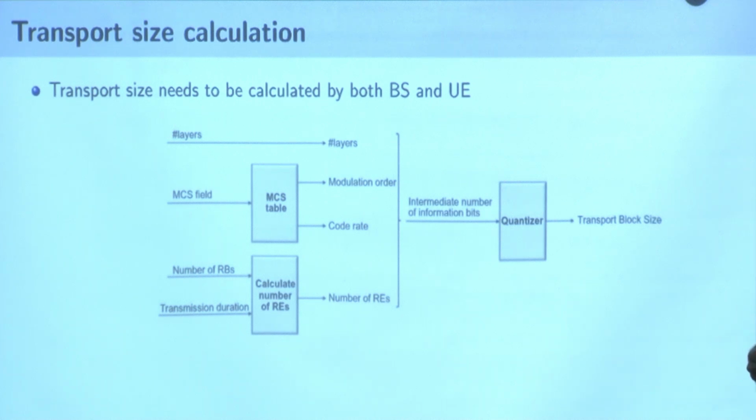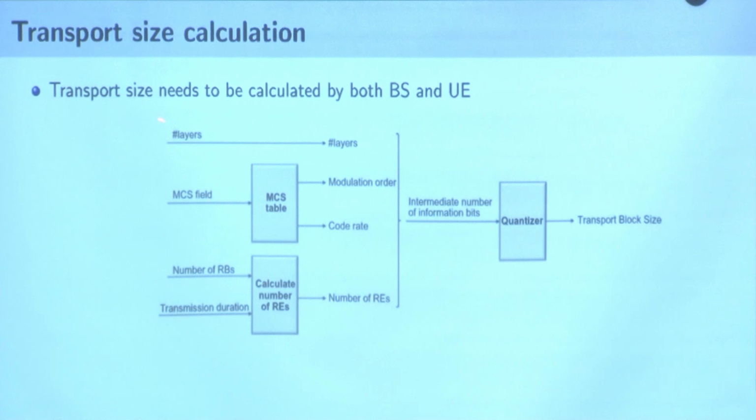Higher code rate essentially means you will have to append a lower number of parity bits. If the code rate is lower, the physical layer will have to generate a larger number of parity bits, and accordingly the transport block size will be smaller.